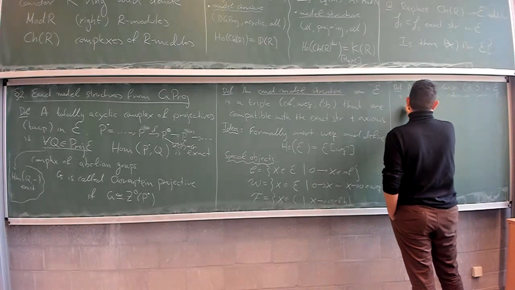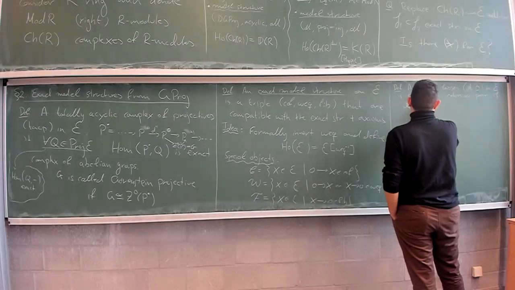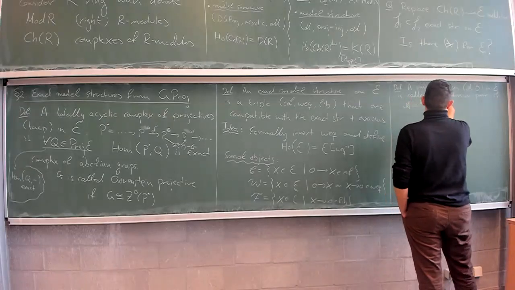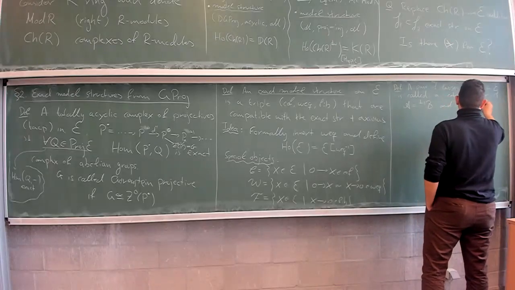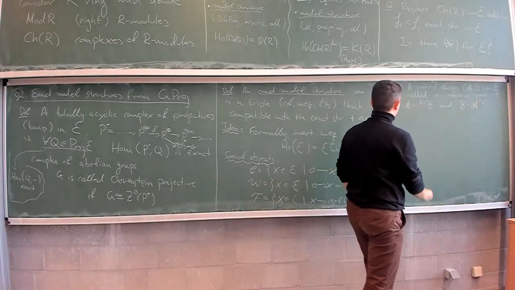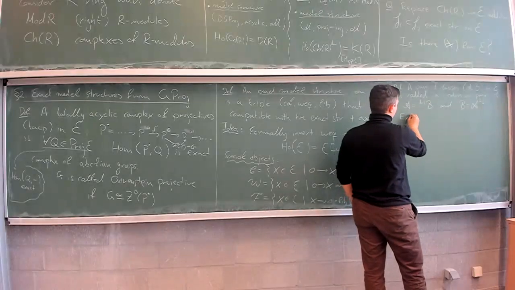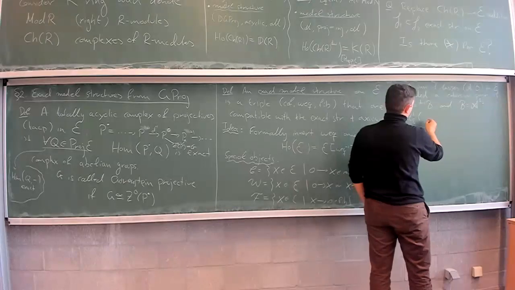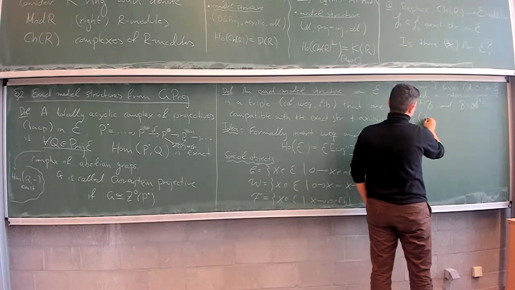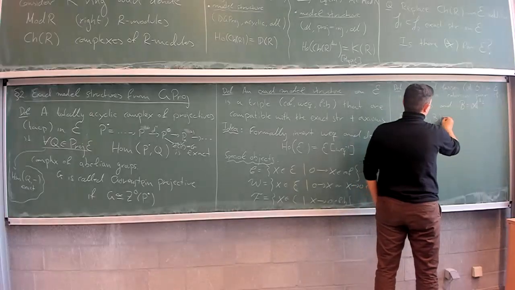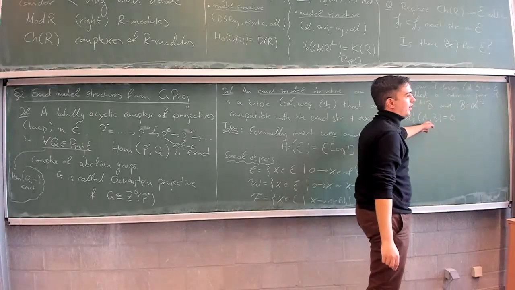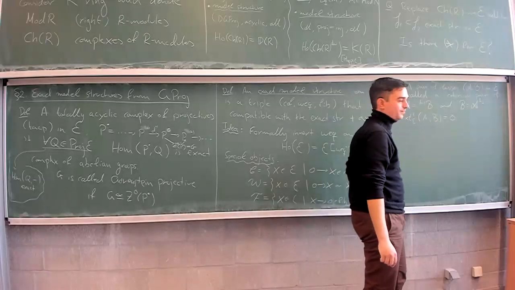If you have that A is the Ext1 left orthogonal of B, and B is the Ext1 right orthogonal of A. And what do I mean by this? I mean that every time that we have Ext1 between an object A and B, A in curly A, B in curly B, this vanishes, for any A in A, for any B in B. Okay?